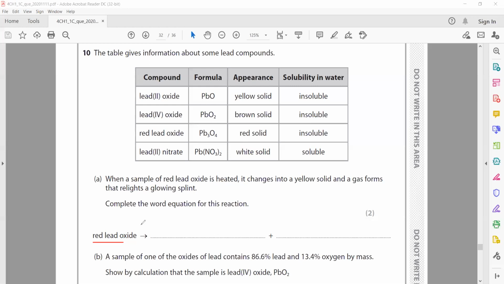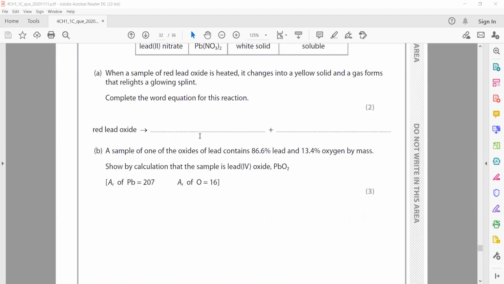Lead 2 oxide. Red lead oxide changes to lead 2 oxide plus oxygen, because they mentioned a glowing splint relights, so that's oxygen gas. Word equation.